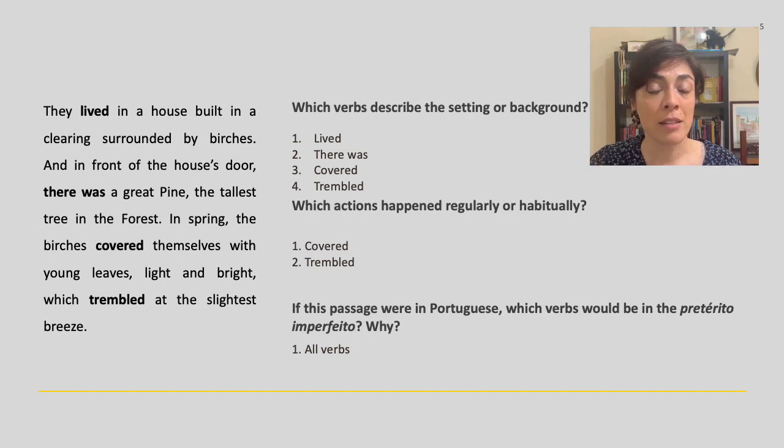In this passage, all the verbs are either painting a picture, lived, there was, or showing what happened repeatedly in nature: in spring, the birches covered themselves and trembled at the slightest breeze. So we would also use the imperfeito in all of them.